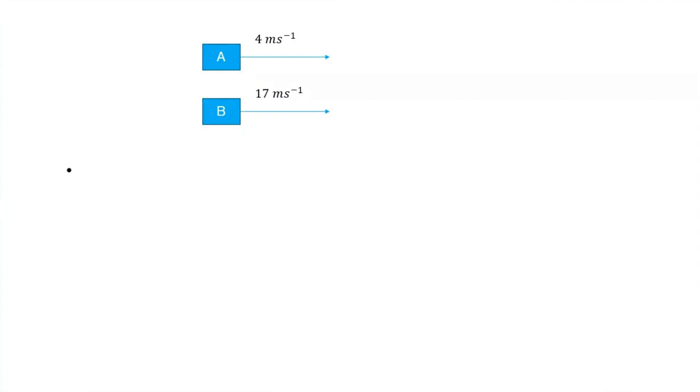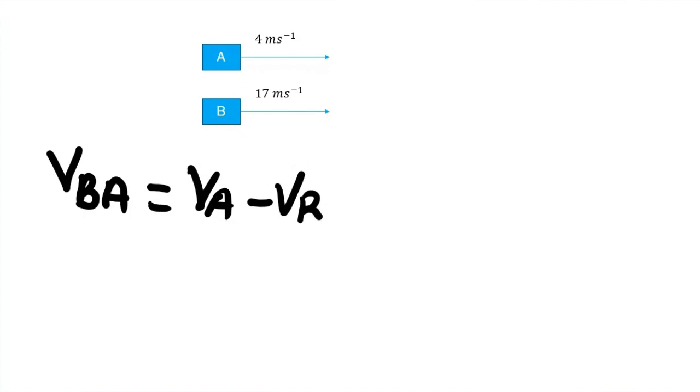So we are going to look at the velocity of B compared to A. We are assuming that we are in A and we want to see how B will be moving when we are in car A. So velocity of B relative to A is going to be VA minus VB.